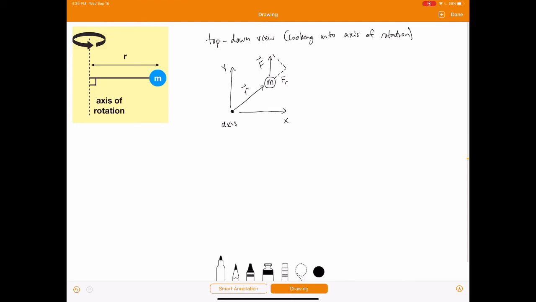This other component, I'll call FT because it's the tangential component. So let's write that out. This is tangential, and this is radial. And there's some angle here. There's a right angle between FT and FR, and that's the force broken down into components.